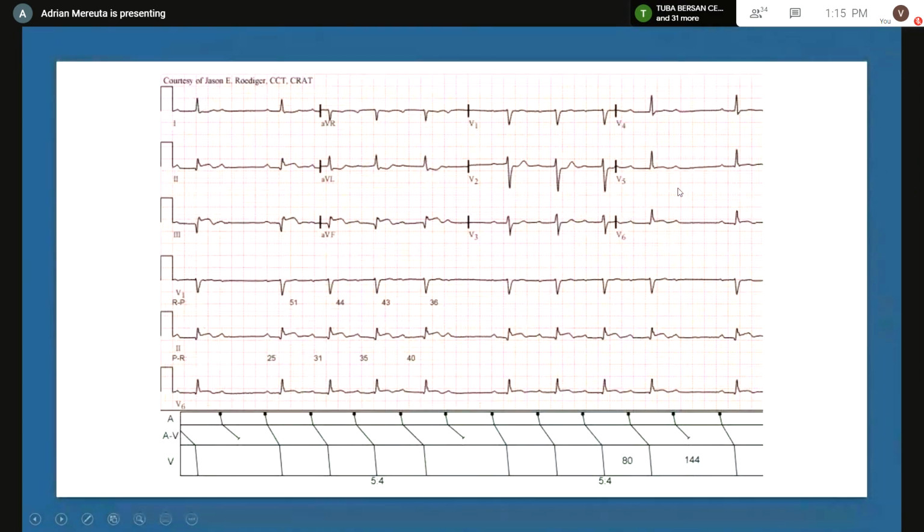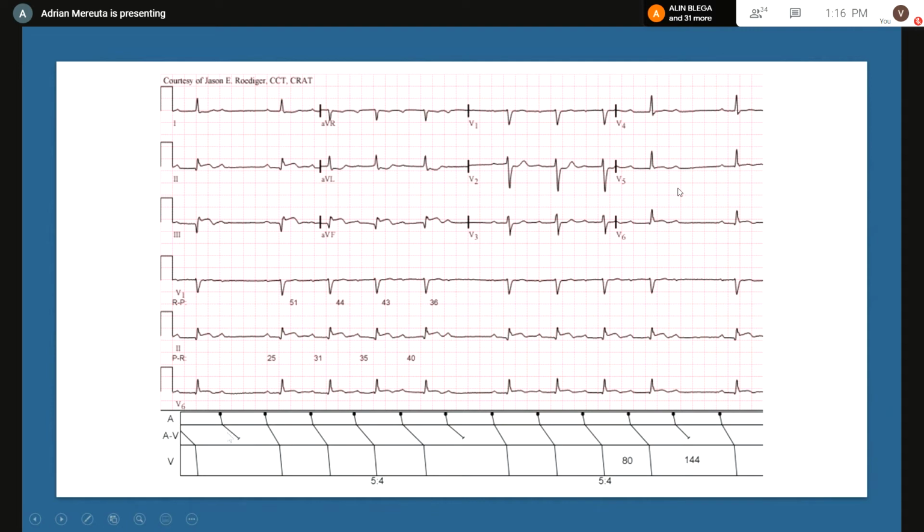And this shows you with this ladder diagram what blockage means. A means P wave because it's atrial activity. AV means the AV node, and you see that this is the site in which the impulse is stopping.